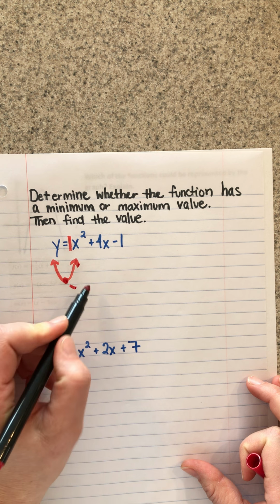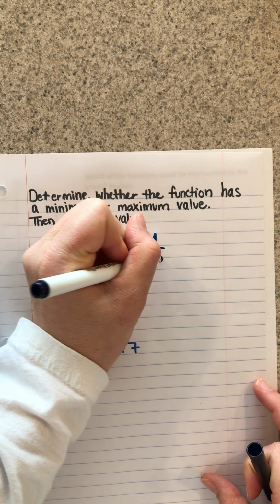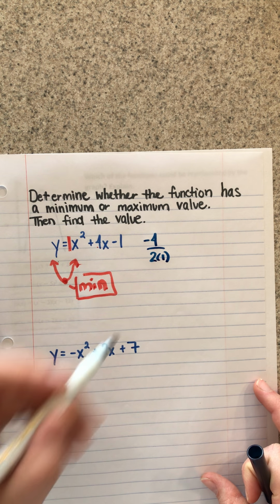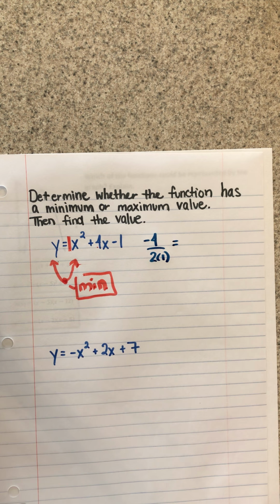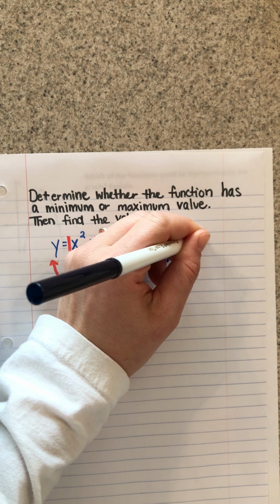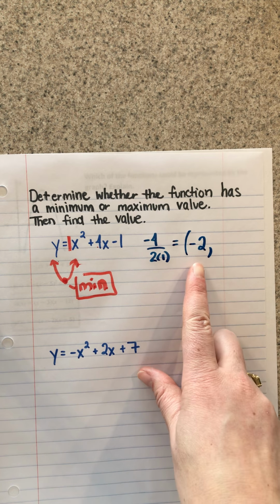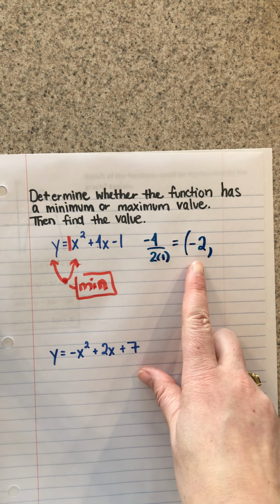Negative b would be negative 4 over 2 times my a, which is 1. This right here should give me my x-coordinate. Negative 4 divided by 2 is negative 2. Then I have to plug in negative 2 in for both of these x's to find the y-coordinate.